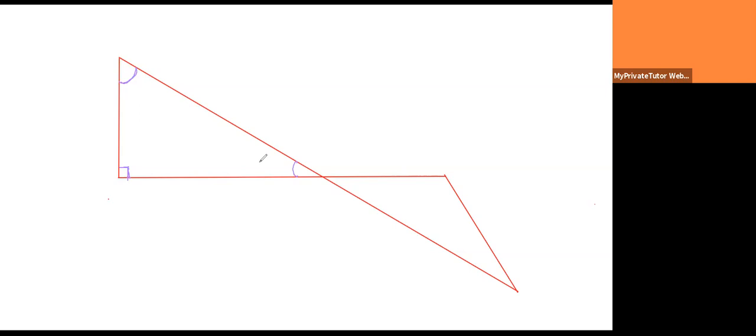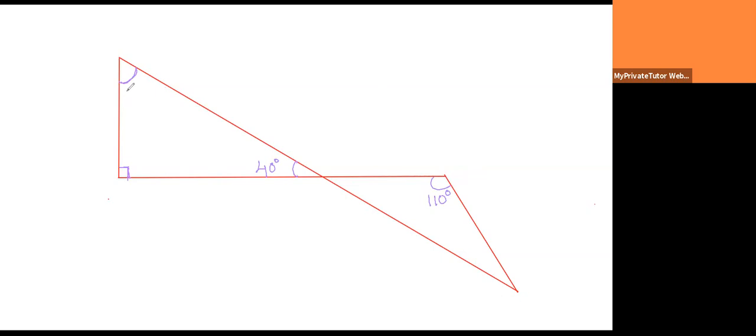It looks like a 45. 40 is fine, 40 degrees. And this angle is given, which is 110. Yeah, 110, guys. So that's it. Nothing else is given. You need to find the remaining.